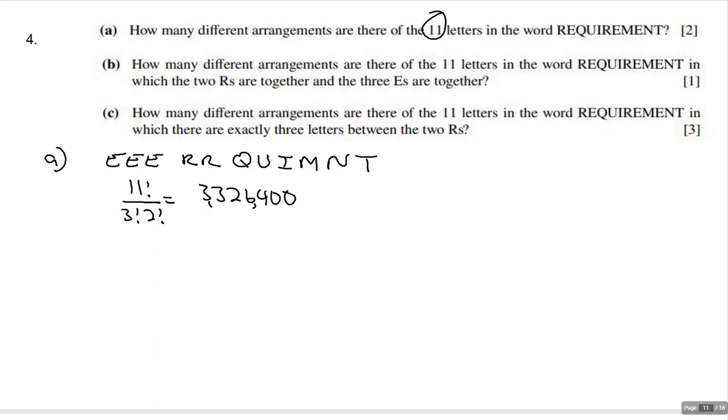How many different arrangements are there of the 11 letters in the word requirement in which the 2 R's are together and the 3 E's are together? Try that one.